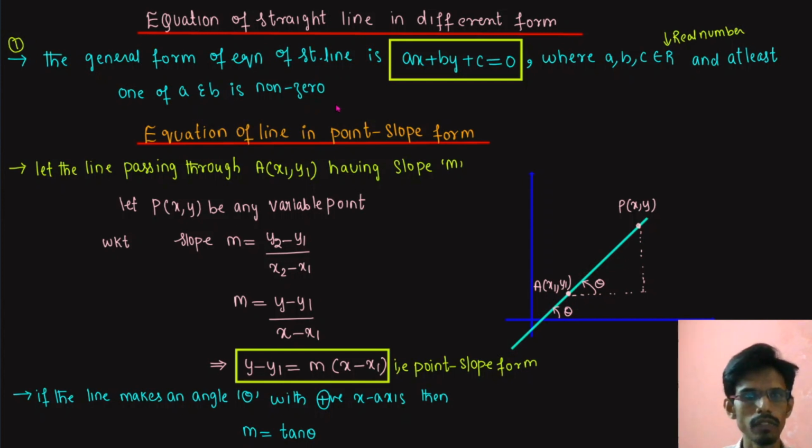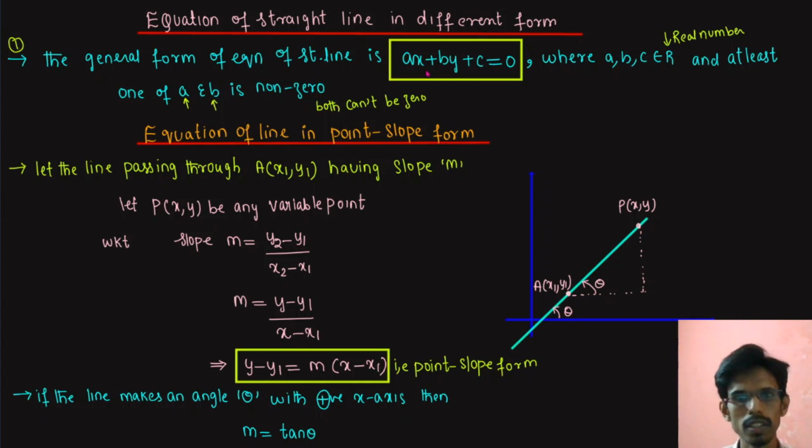So in this equation, a and b can't both be 0 at a time. Any one can be 0, but both can't be 0 at a time. One can be 0. Okay.